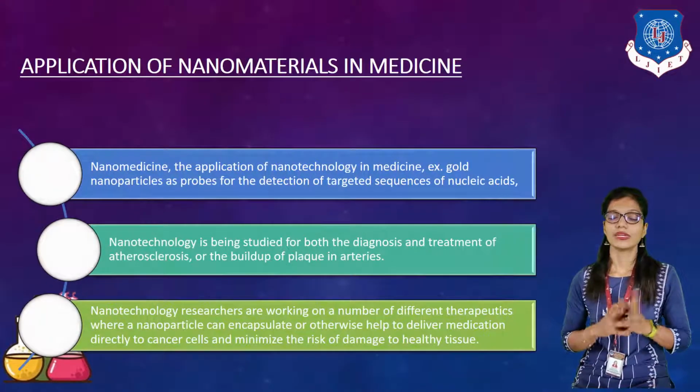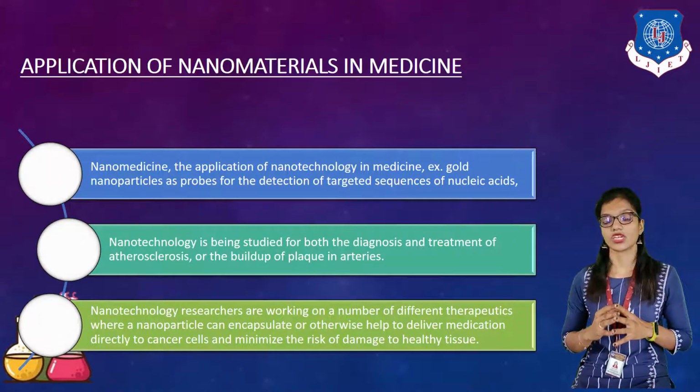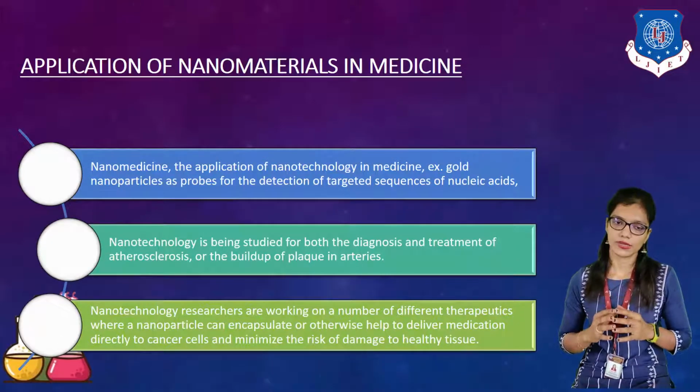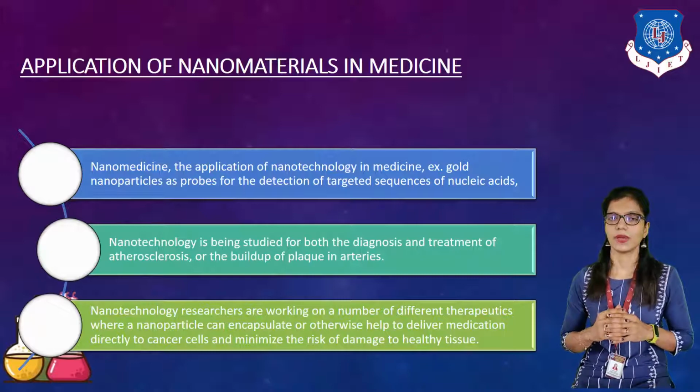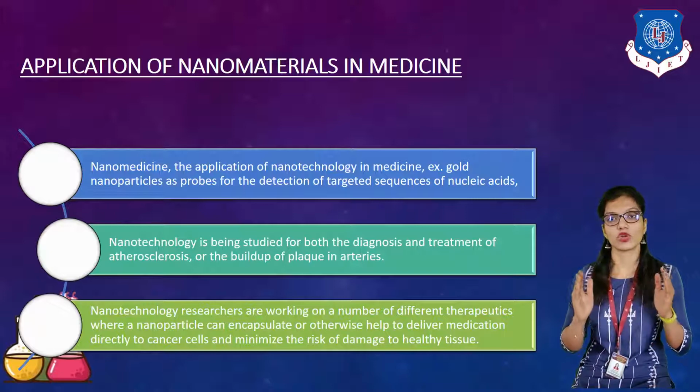Now, let's see which are the applications of nanomaterials in medicine. Okay, in the medical field, it is basically the application of nanotechnology. So nanomedicine is the application of nanotechnology.